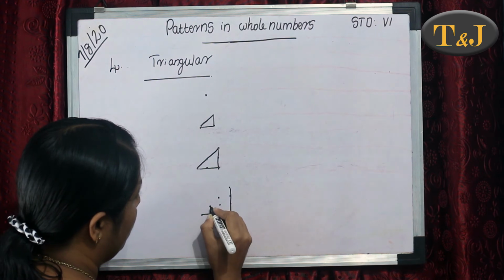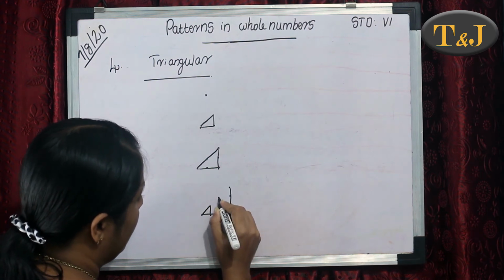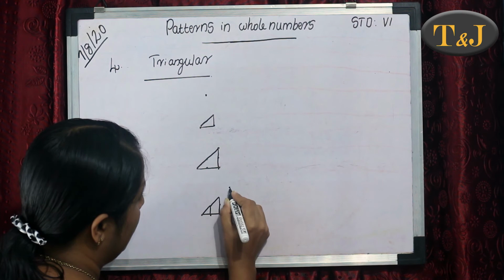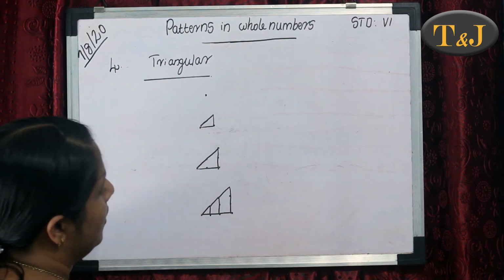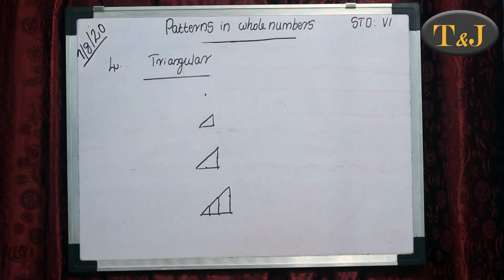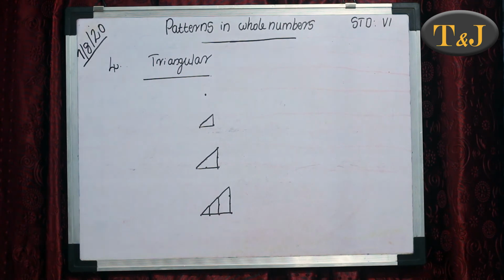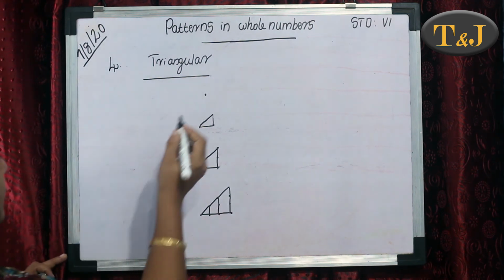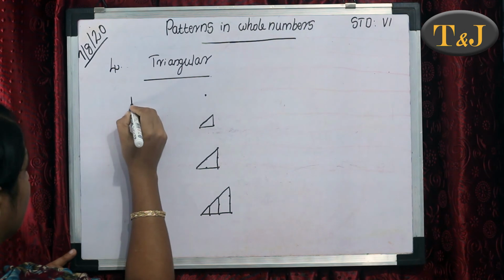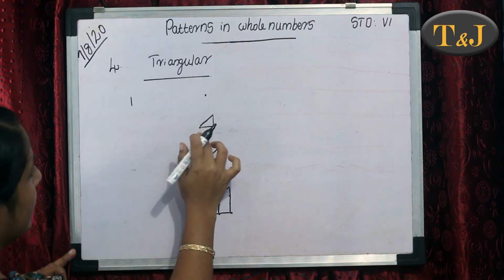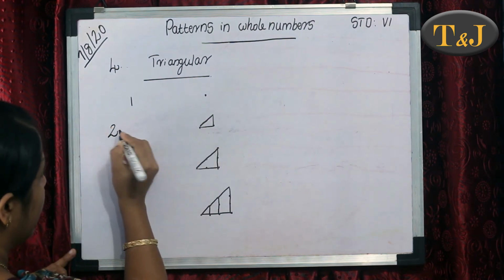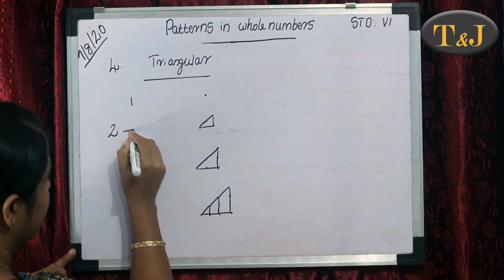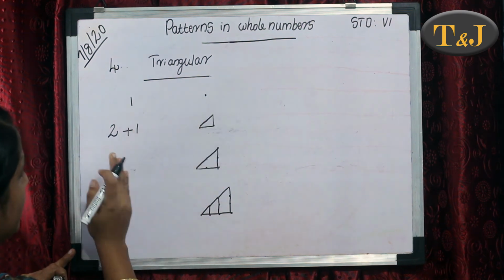This is the form of one triangle and this is the form of another triangle and it is also a triangle. So we get another triangle. So here the number is, first we put 1 dot, so write 1. Here the 2 dots as a base and 1 dot here, that is 1 plus 2.